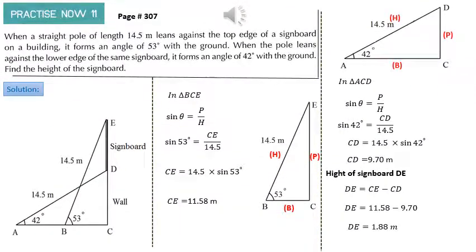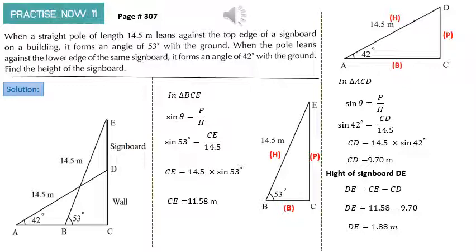On this page we are going to solve practice now 11 on page number 307. When a straight pole of length 14.5 meters leans against the top edge of a signboard on a building, it forms an angle of 53 degrees with the ground. When the pole leans against the lower edge of the same signboard, it forms an angle of 42 degrees with the ground.